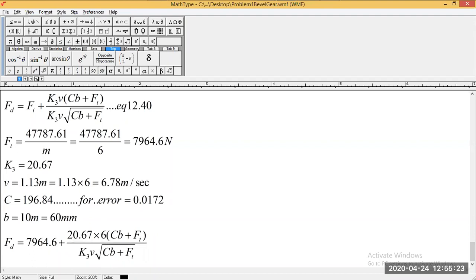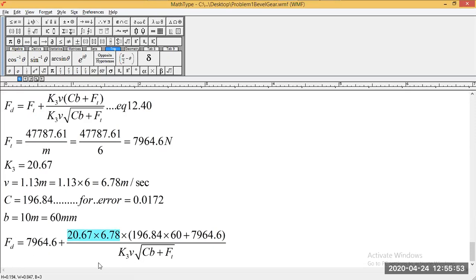So this is 6.78 times C, which is 196.84, times 60, and FT we have already got, 7964.6. Okay, so let me just copy this. So it is K3V, this is in the denominator also, K3V, then CB plus FT. So all this is there. You can calculate and tell me the value.